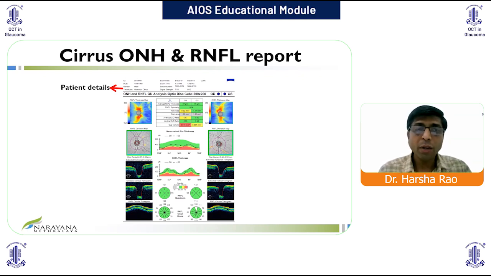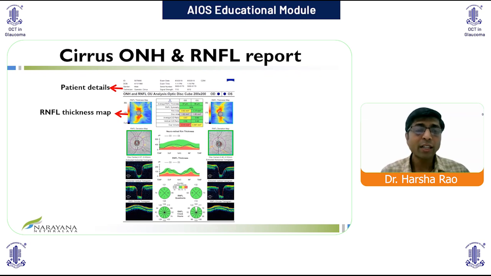Generally, the OCT manufacturers recommend a certain level of signal strength beyond which it is an acceptable scan and below which the quality of the OCT scan, which is primarily the OCT signal, is suspect and caution needs to be used before interpreting them. So age and the signal strength are the important parameters to look for in these patient details.